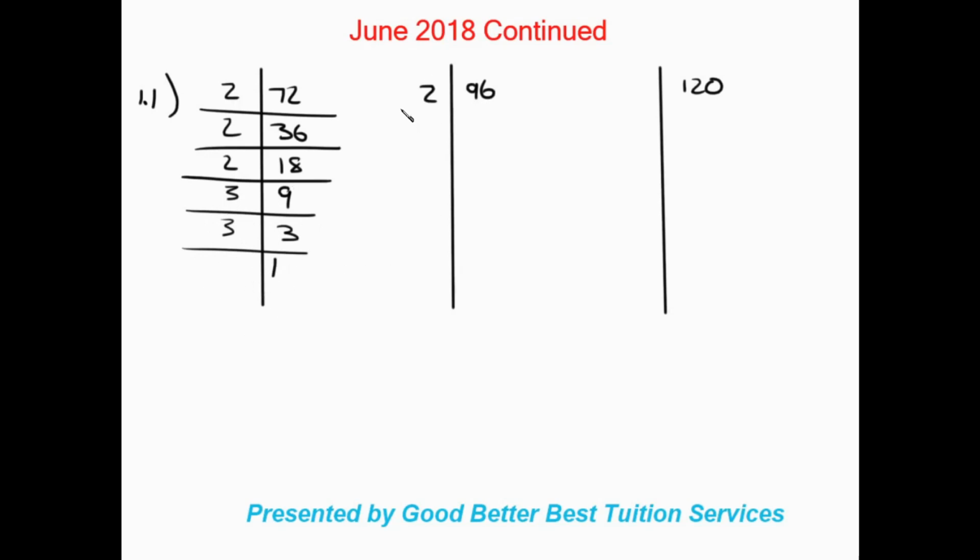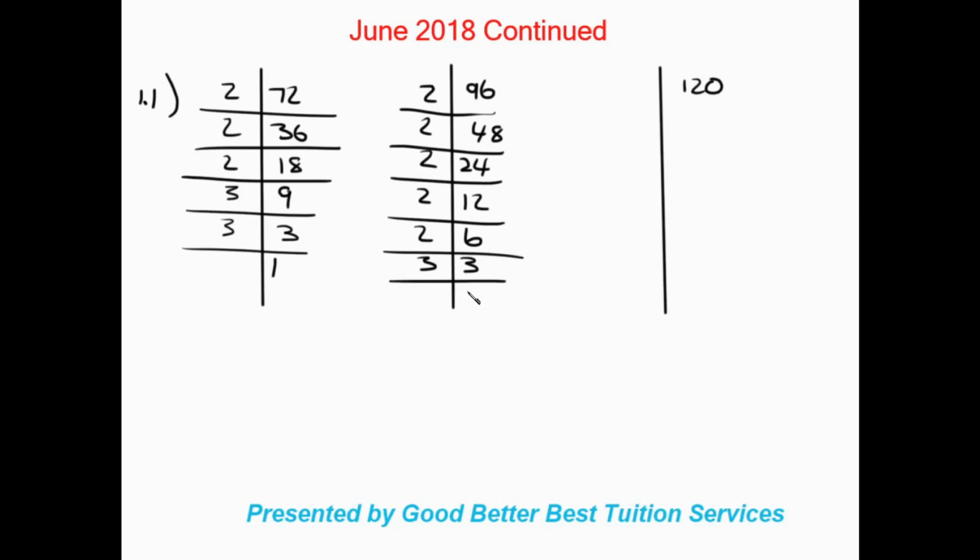So now we move on to here. Same process. Right, so 2 is still managing to go into all of these, okay? So now we have to move on to 3, remember, because 2 can't go into 3.